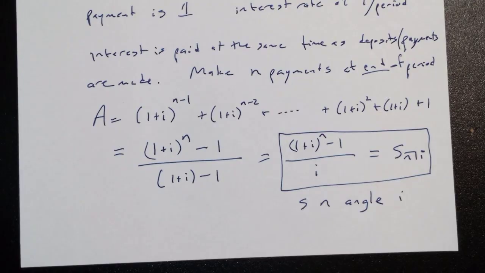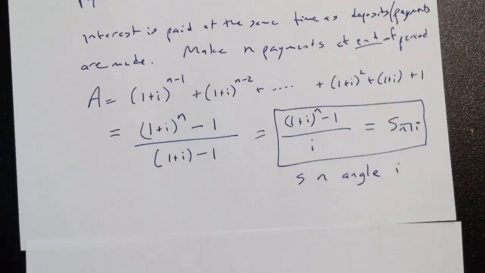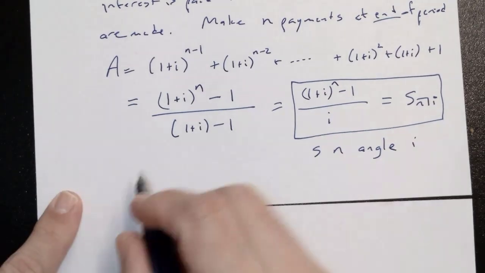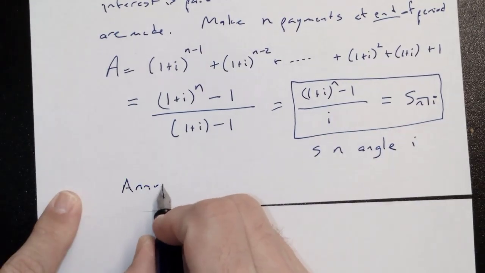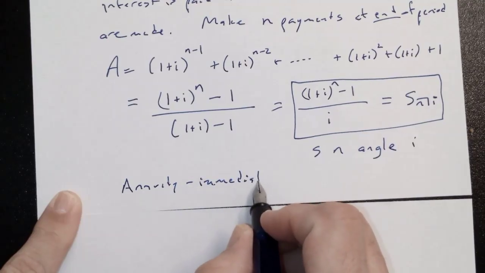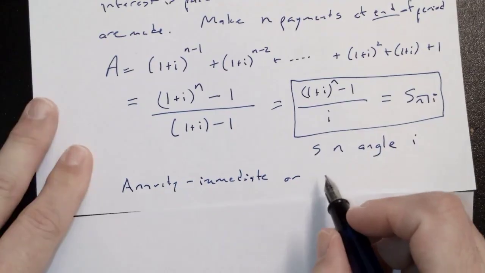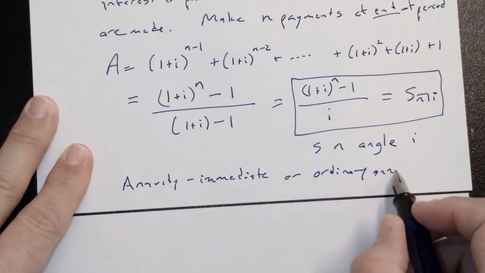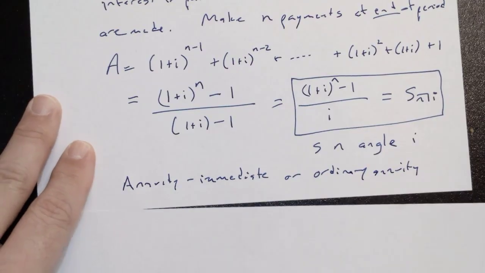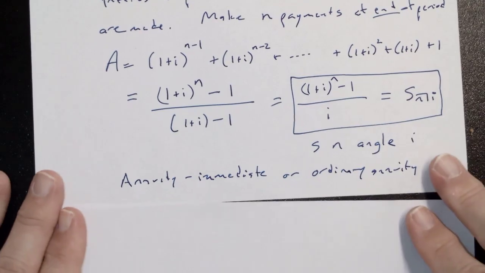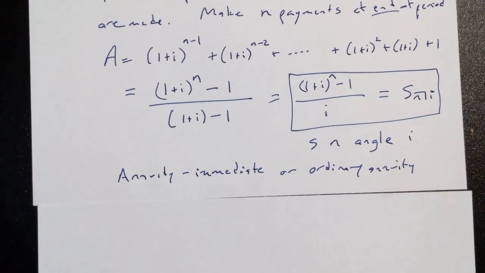This is called an annuity immediate or an ordinary annuity. Now, the reason I want to name that is because there are other types, but it's a level payment annuity immediate.